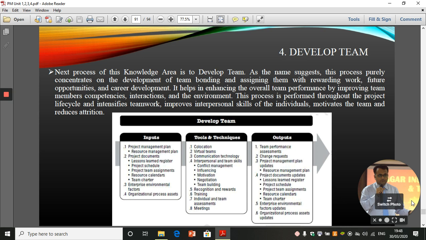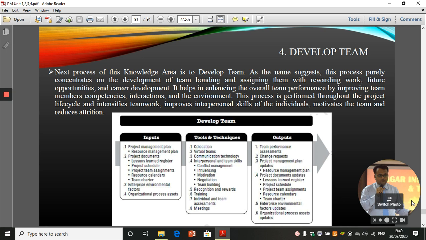This process is performed throughout the project life cycle and intensifies teamwork, improves interpersonal skills of the individuals, motivates them, and reduces attrition. So develop team takes as input the project management plan, project documents, enterprise environmental factors, and organizational process assets, and it converts them into team performance assessments, change requests, project management plan updates, project documents updates, enterprise environmental factors updates, and organizational process assets updates.